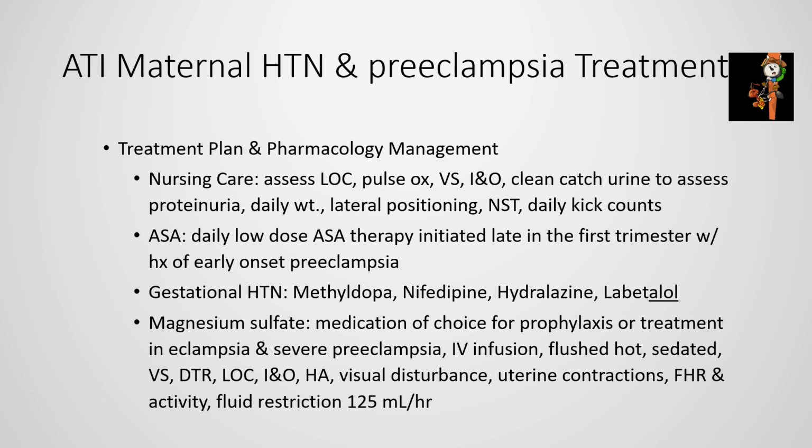So magnesium sulfate, in someone who has severe preeclampsia, and we think they might go on to have seizures. Not only do they have bed rest and medications to control their hypertension, but we may administer magnesium to prevent someone with severe preeclampsia from going into seizures. And we also use magnesium intravenously for someone who has had seizures.